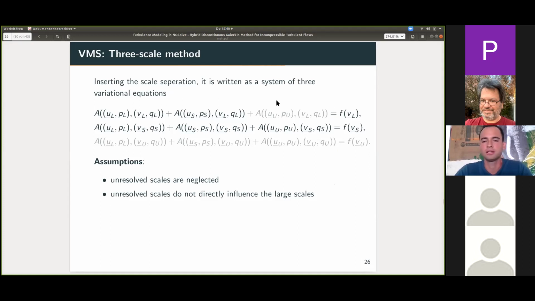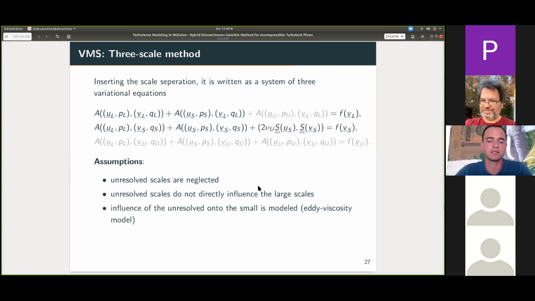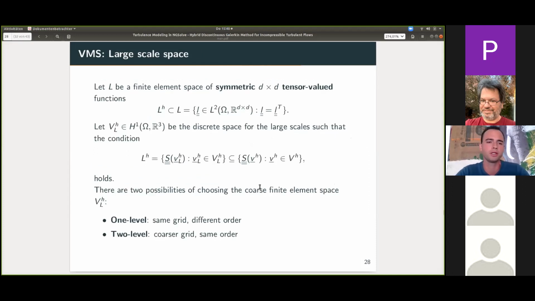Therefore, this term disappears. And the last assumption would be that the influence of those unresolved scales onto the smaller ones has to be modeled in a very similar way as we have seen before in RANS and LES, as an eddy viscosity model.